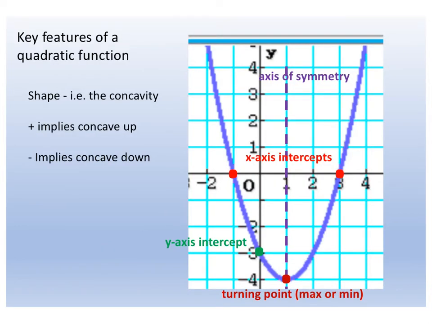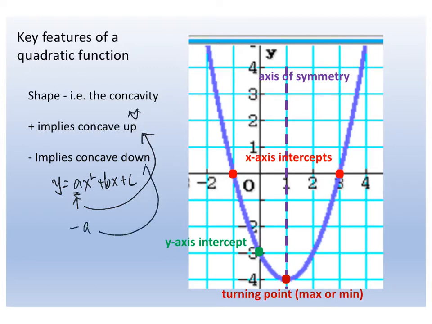Key features of the quadratic function, the shape, the concavity. So you've got y equals ax squared plus bx plus c. If a is positive, it is concave up, which is what I call the U shape. And if a is negative, it is concave down, which I call the N shape.